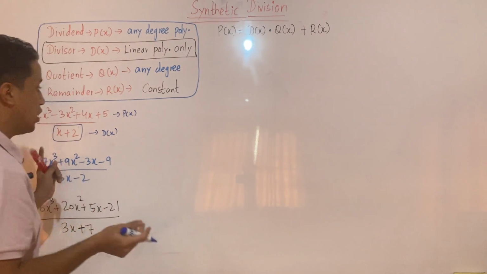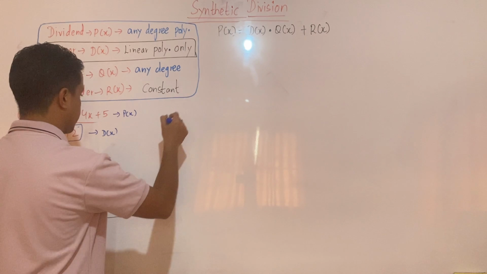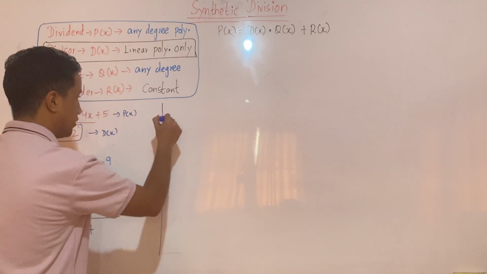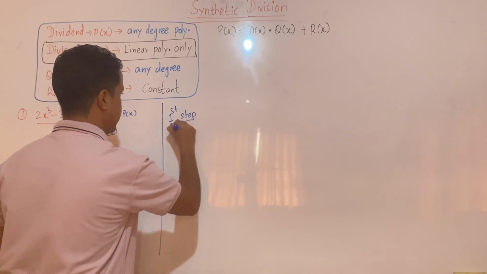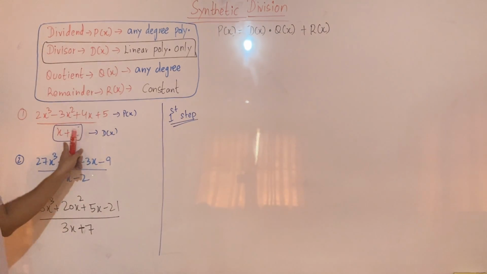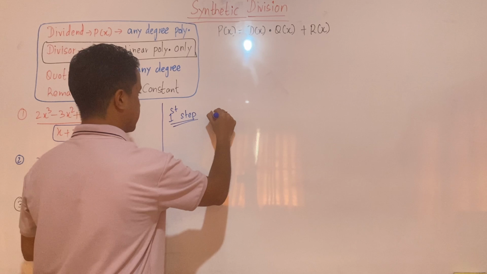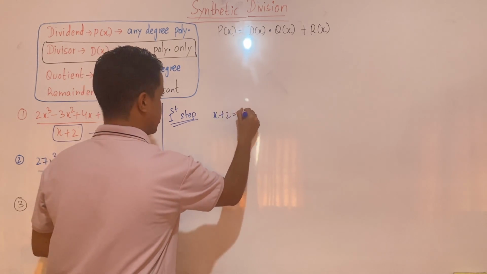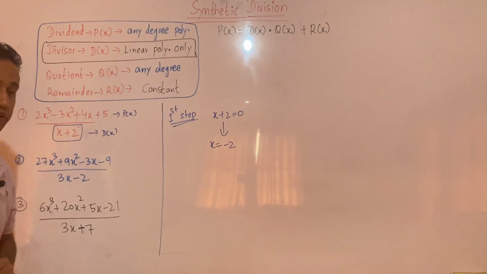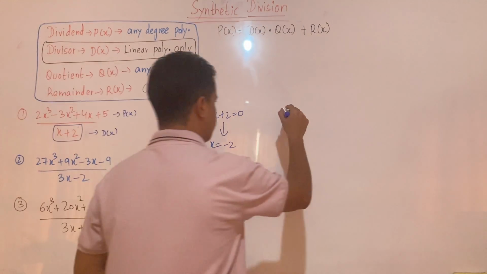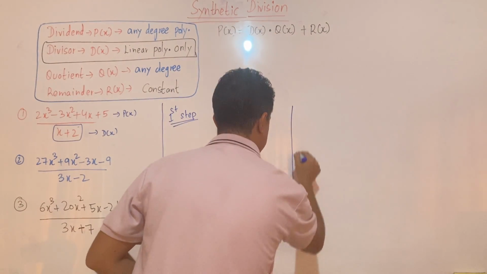So our first step would be to equate the divisor to 0. x plus 2 equals 0. So the value of x would be minus 2. Now perform synthetic division.